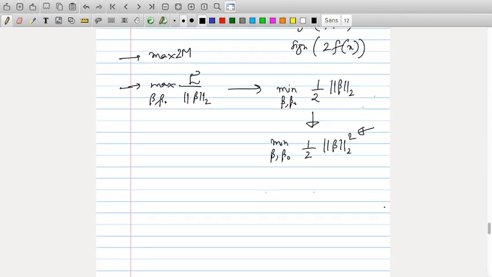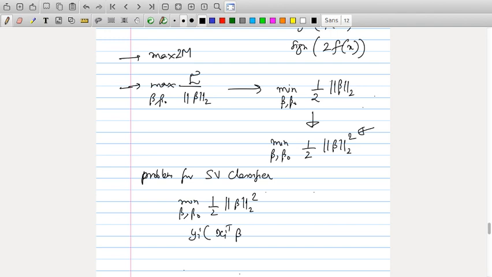So with this, this is pretty much the problem for the support vector classifier, which is going to be min over beta and beta naught of 1 by 2 square of the norm of beta, subject to yi times (xi transpose beta plus beta naught) greater than or equal to 1, for i equal to 1 to n.